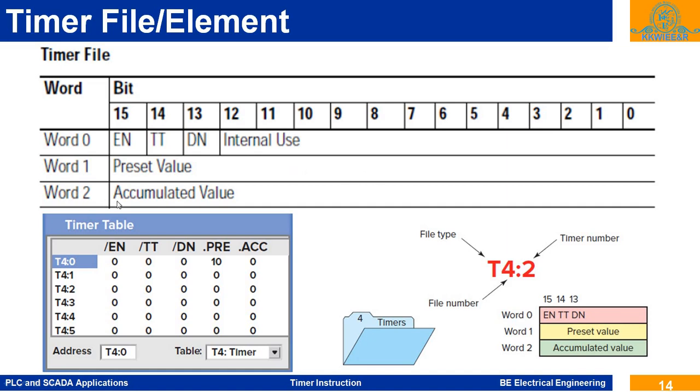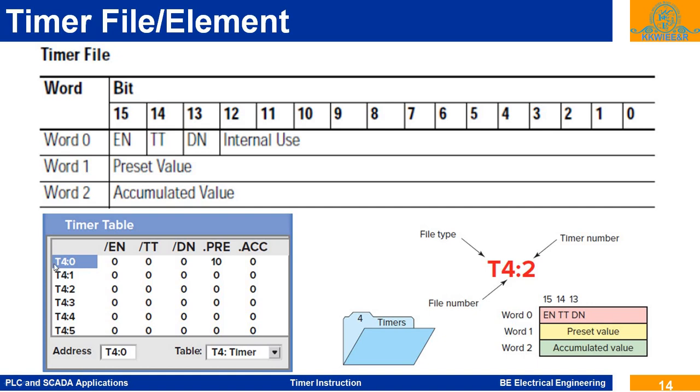At word 2 we can monitor the accumulated value as the timer increments, so we can observe 0, 1, 2, 3 incrementing of the time. These internal bits are not visible to the user. The user can use only the enable bit, TT bit and done bit. In the timer table, .PRE, this 16-bit word, is visible in decimal. Again, the accumulator is also visible in decimal.